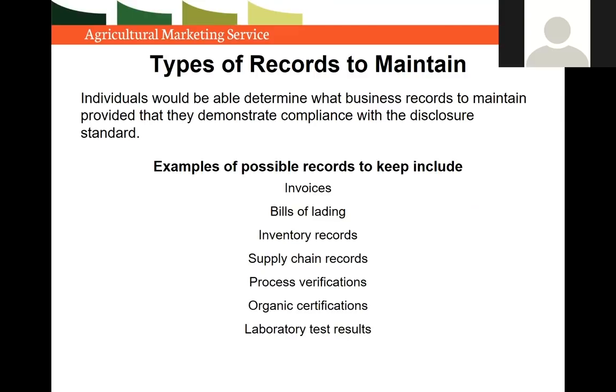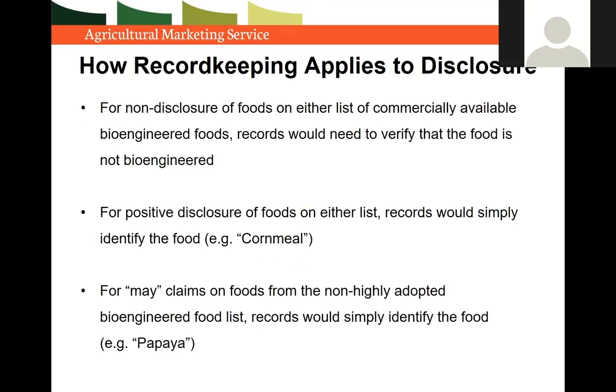These are the types of records that describe the origin of food and food ingredients, and the types of records that would denote whether a food is bioengineered. Now keep in mind, we are proposing certain record-keeping requirements depending on the food that regulated entities process and or sell.